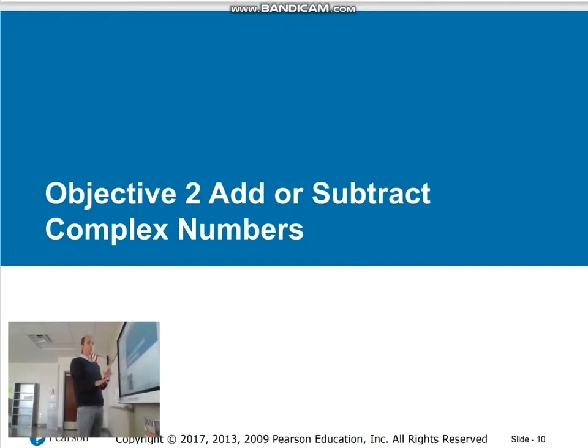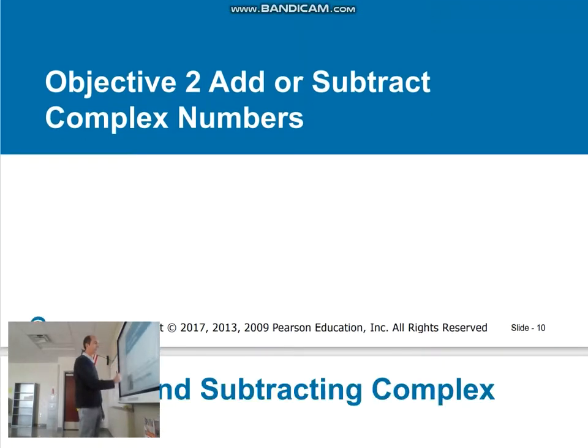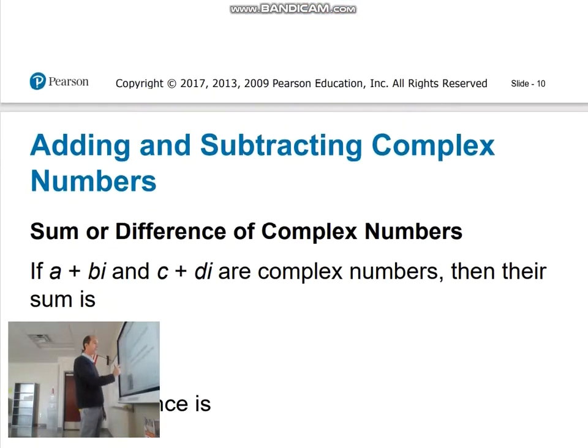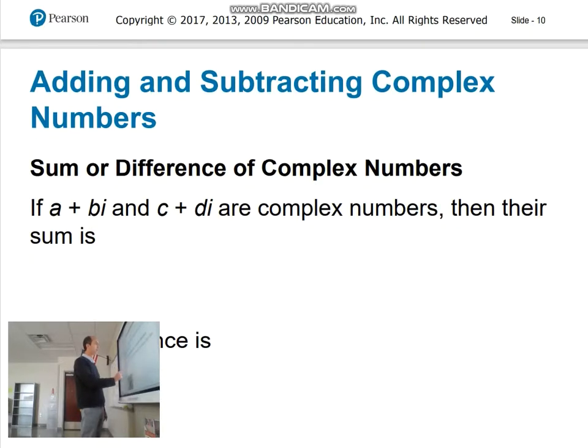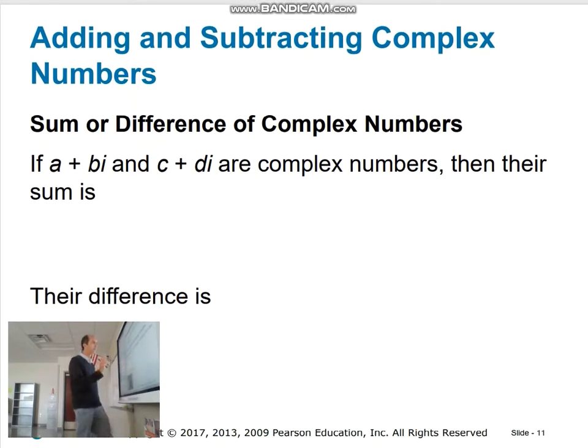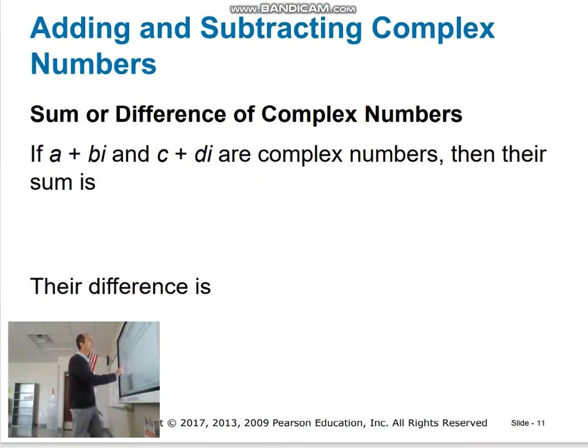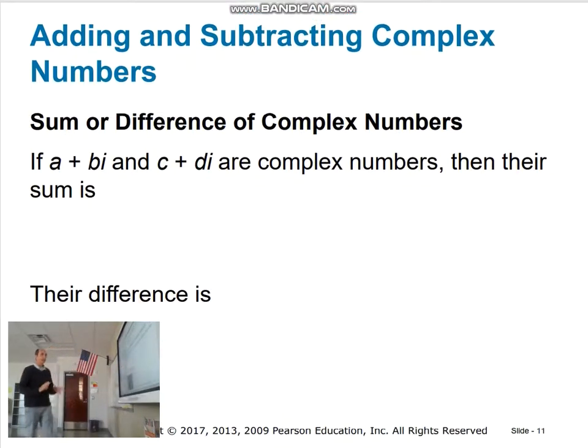And we're going to work more, and the next objective is to add or subtract complex numbers. And maybe we will understand better what a complex number means. Just by reading the definition, it's hard to understand. But let's work on examples, and we're going to see what it means.